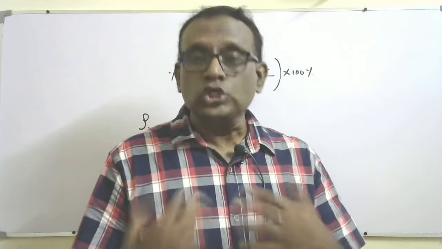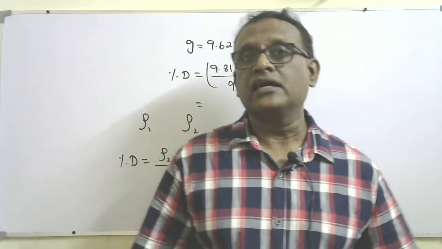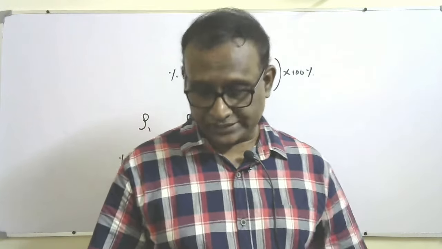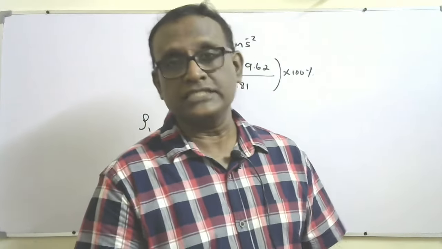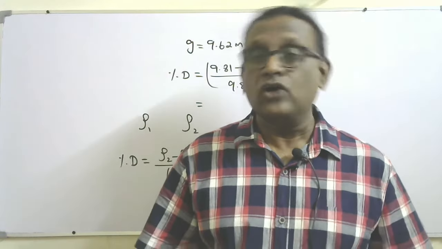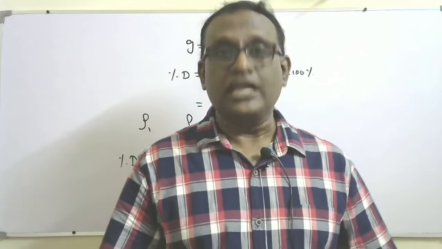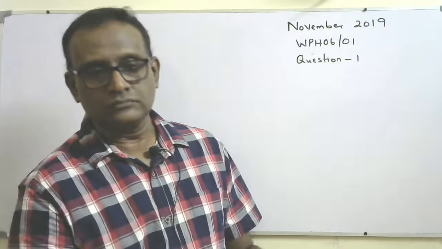To do that, I will discuss two or three past paper questions. That will be easier to explain rather than my own question. So I'm going to start discussing those past paper questions to help you understand how to take the final decision up to what extent our experimental value is acceptable. Based on the past papers, I'm going to explain that.